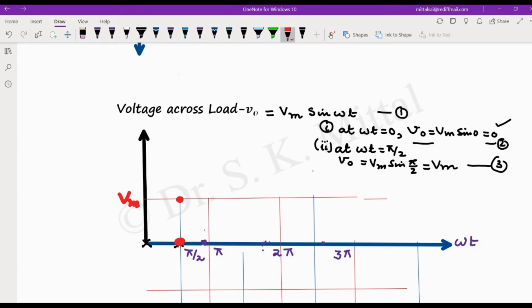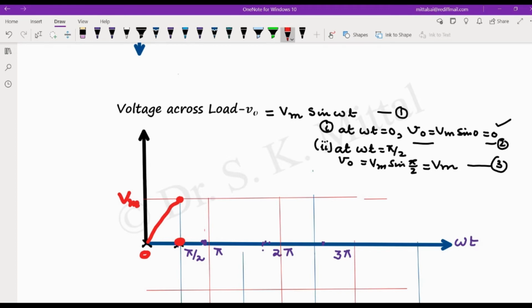Now we can draw these 2 points first, then it is the output voltage waveform from omega t is equal to 0 to omega t is equal to pi by 2.